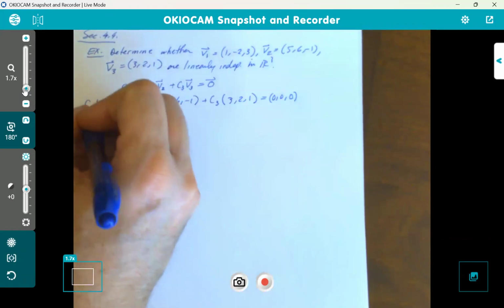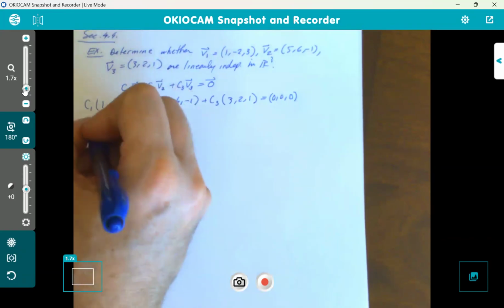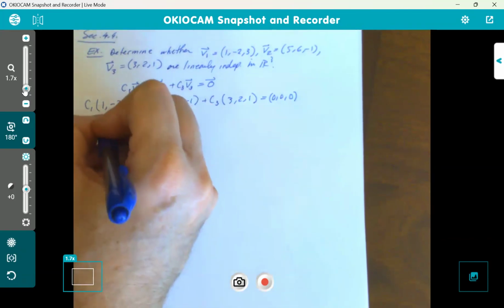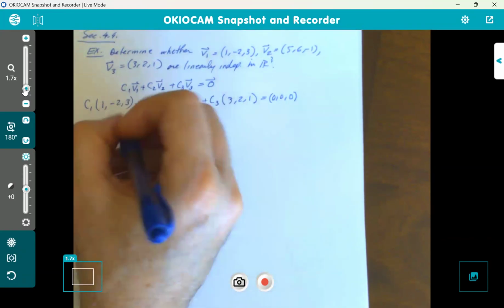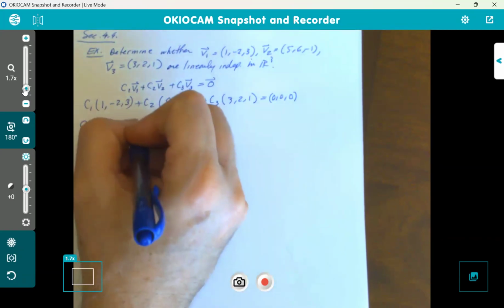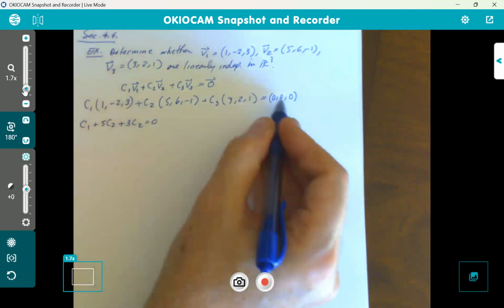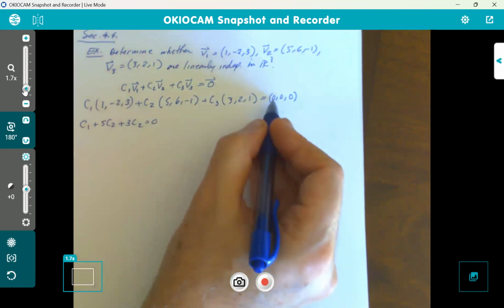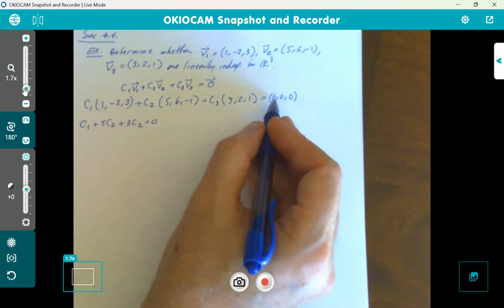So, for instance, C1 plus 5C2 plus 3C3. The first components of the vectors should be 0, equal to this first 0. That would be the x component of the vector.